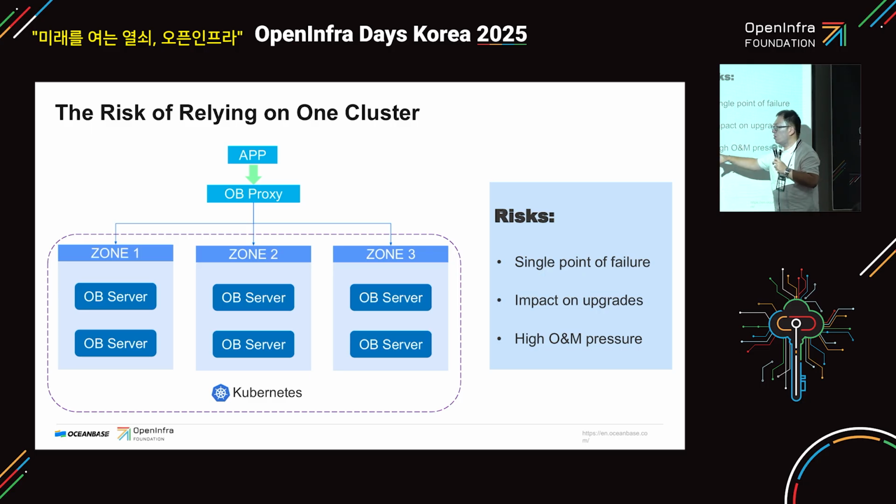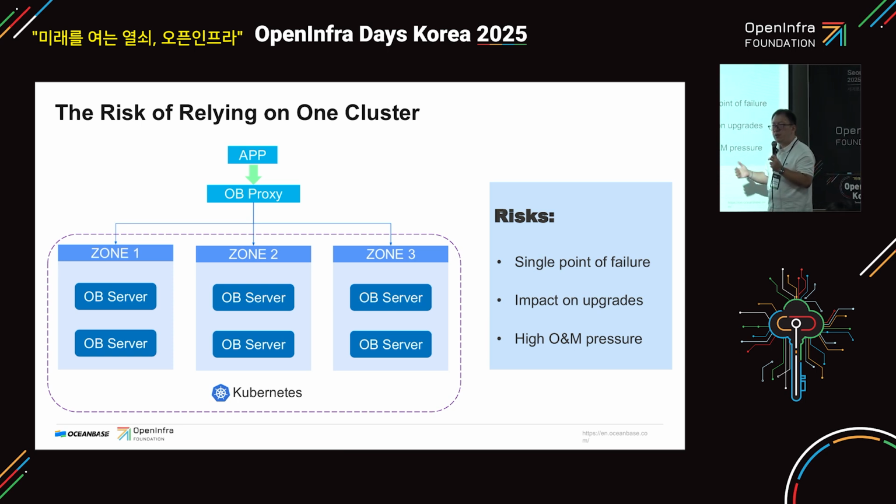Any outage could bring down your entire system, and it also impacts upgrades, since you put everything in one place with no safety net. It also creates high maintenance pressure for operators and engineers because they have to do everything in one place, from data storage to failover.